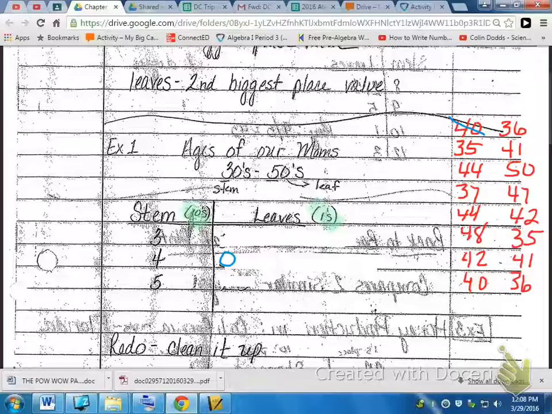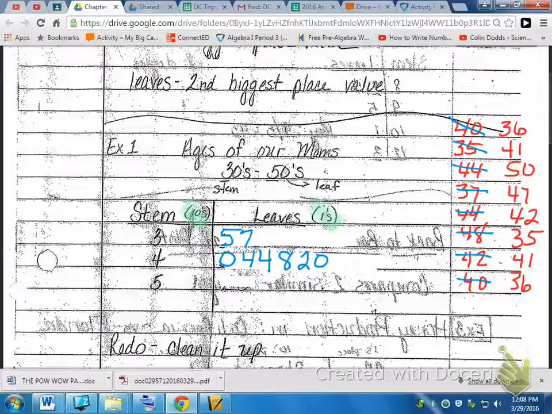Make sure you fill this in so you understand how we go. 35, stem of 3, leaf 5. 44, stem 4, leaf 4. 37, stem 3, leaf 7. 44, so stem 4, leaf 4. 48, stem 4, leaf 8. 42, stem 4, leaf 2. 40, stem 4, leaf 0.